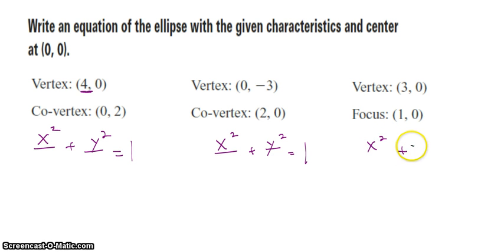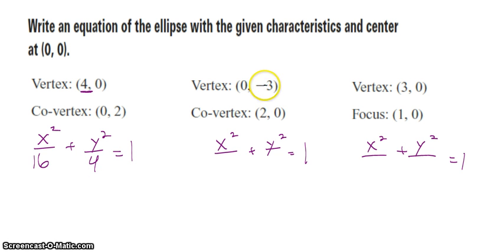I just have to figure out the missing information. So they tell me the vertex is 4, that means my a squared is 16. They tell me my co-vertex is at 2, so that means that squared is 4. That's my first equation.